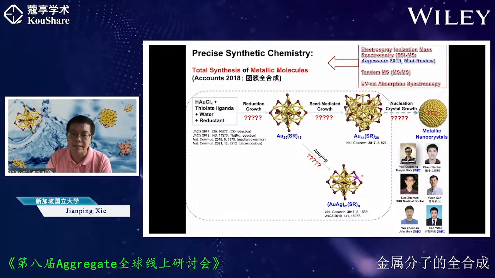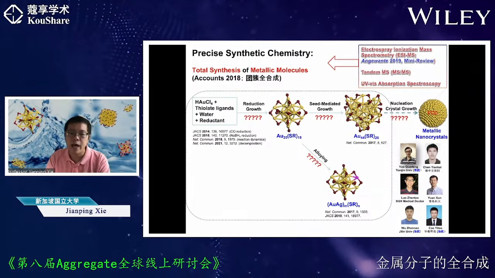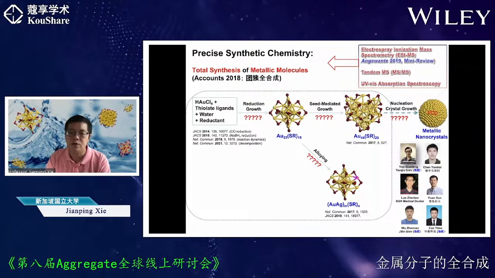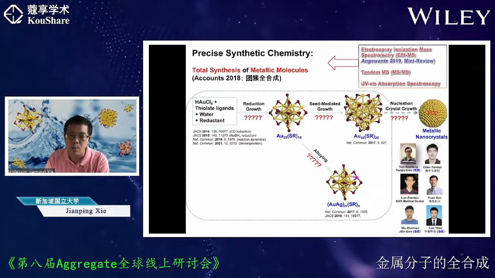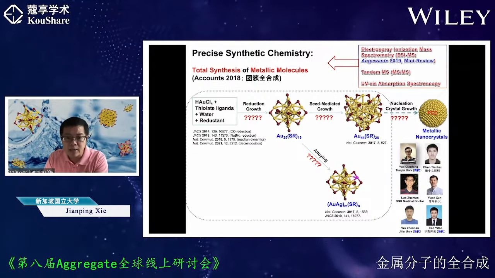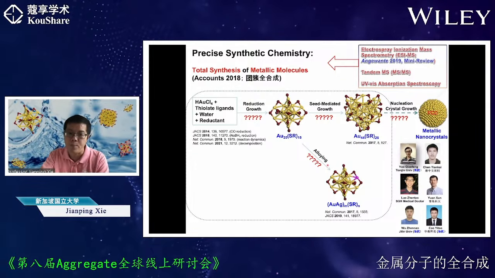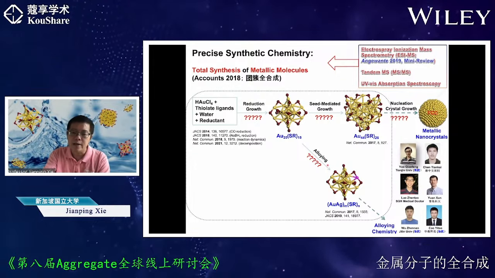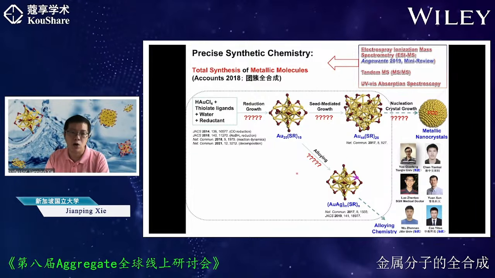We can use a second metal to dope inside our clusters. For example, with a gold nanocluster, we dope one silver atom on the cluster. But the question you may ask is whether we dope in this position or in the center. So we need to understand these alloy processes, and our platform can help us understand what we call precise alloy chemistry.